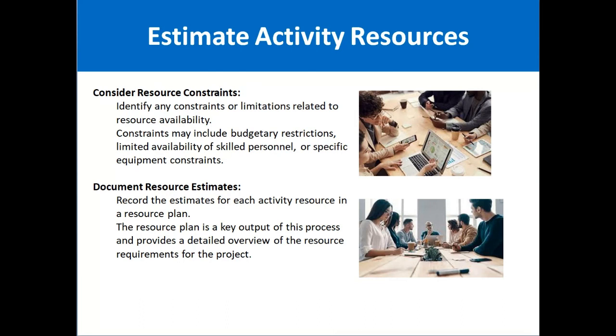So there are some constraints. Also, if the hardware you require needs a much bigger budget, you have to go for less expensive hardware. Skilled persons, specific equipment constraints, so many constraints must be considered when you are estimating the activity resources.